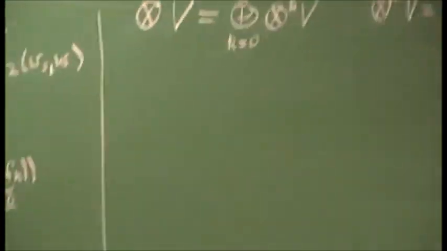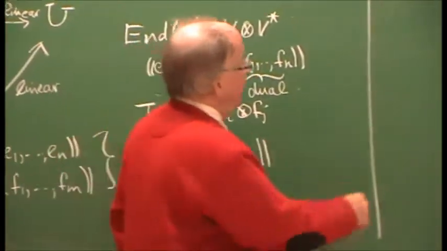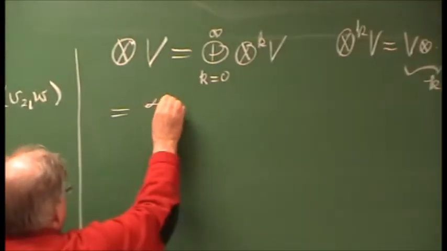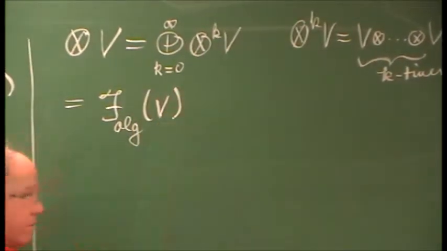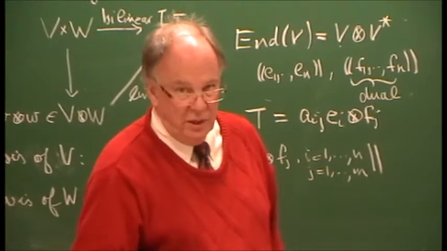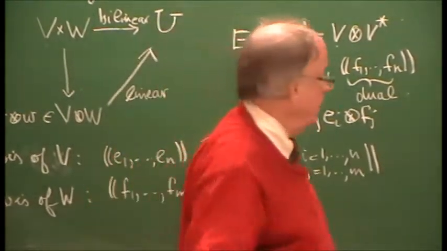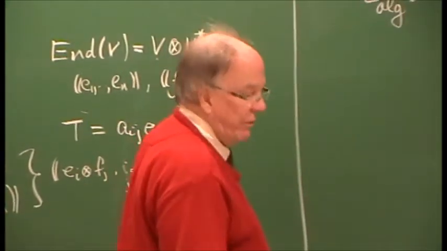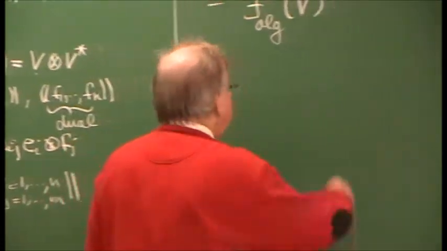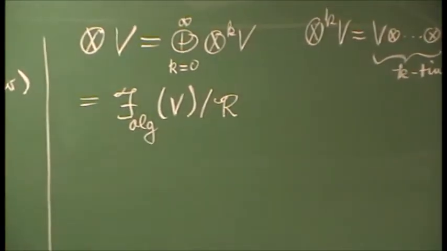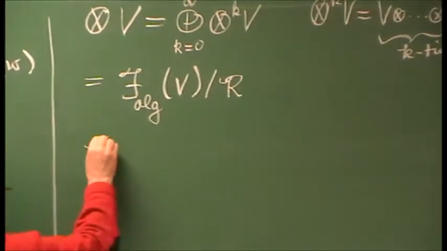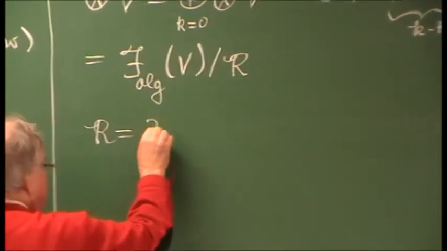But I prefer to think of this in a good way, at least for me, as you take the free associative algebra on V. So you start with a vector space and you want to multiply things together as much as you can. That's the free associative algebra, no relations whatsoever, just a multiplication, but nevertheless, modulo, in this case, an ideal, the relation ideal. This is the two-sided ideal.